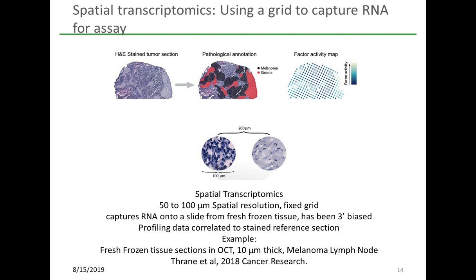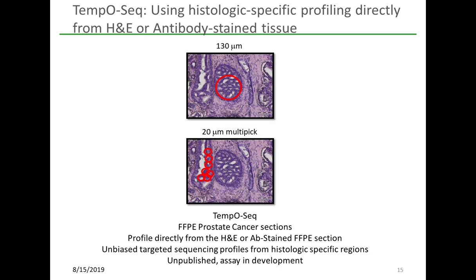The spatial transcriptomics approach is a grid, and as you can see in this image of the 100 micron, it's heterogeneous. It's not histologically specific because the grid doesn't necessarily line up with small focal histology. It certainly can cover larger focal histology well, and that's what's shown in the annotation up above, which is fairly large areas of lymph node histology.